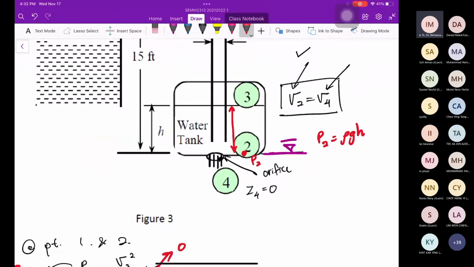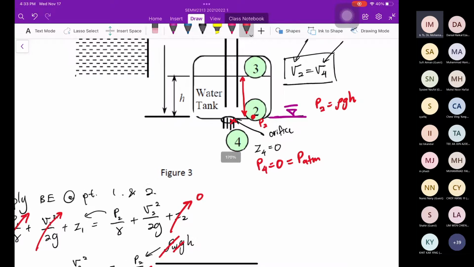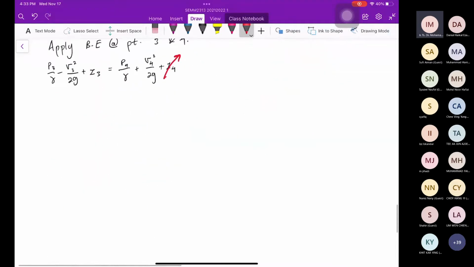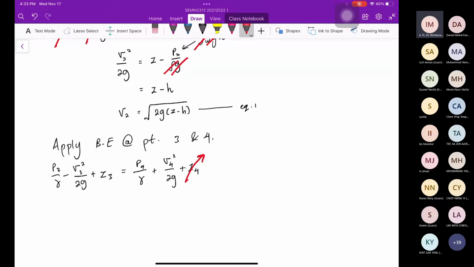Pressure at the outlet of the orifice is exposed to the atmosphere, atmospheric pressure. So P4 equal to 0 because it is atmospheric. Anything exposed to the air under atmospheric pressure is equal to 0 when it is gauge pressure. So P4 cancels.